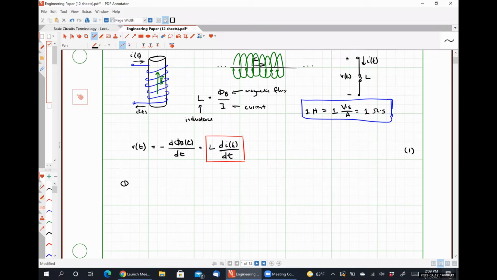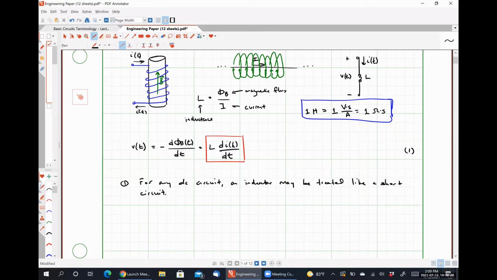So if we have a constant current, then it stands to reason that our derivative relationship here is 0, which means that for any DC circuit, an inductor may be treated like a short circuit.